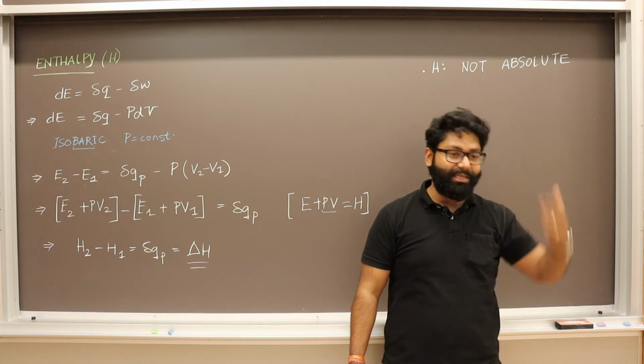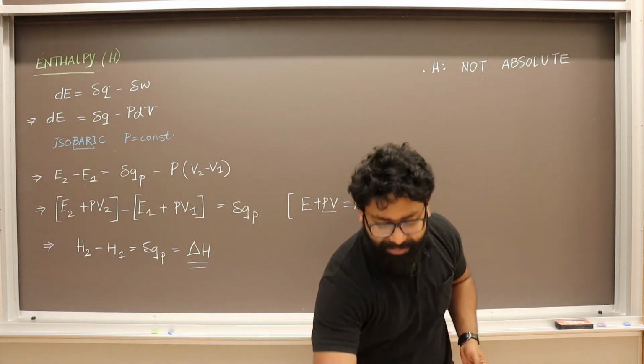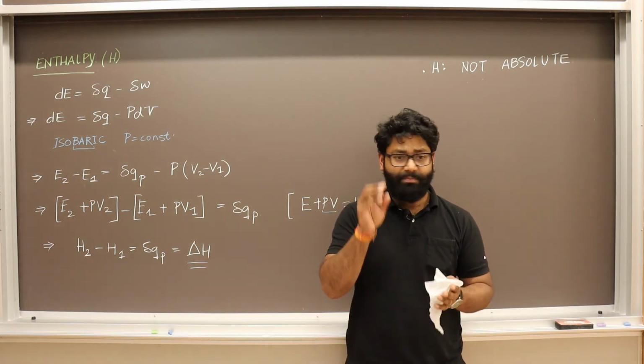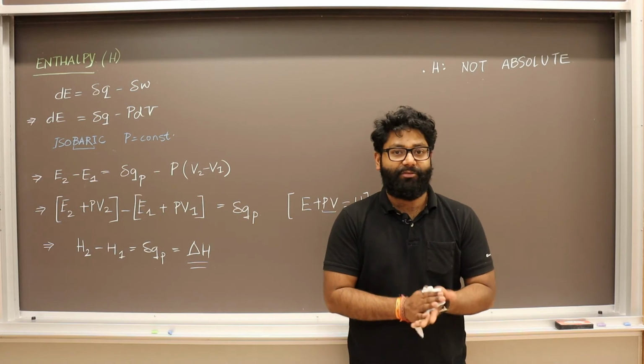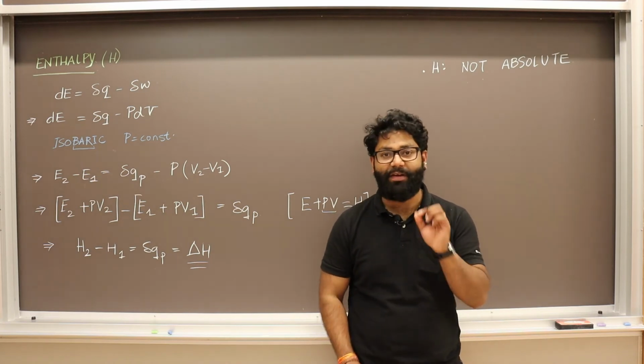You must have learned this in physics, that whenever you have the concept of potential energy, the potential energy of any system cannot be absolutely defined, right? You cannot exactly calculate the amount of potential energy of any body.